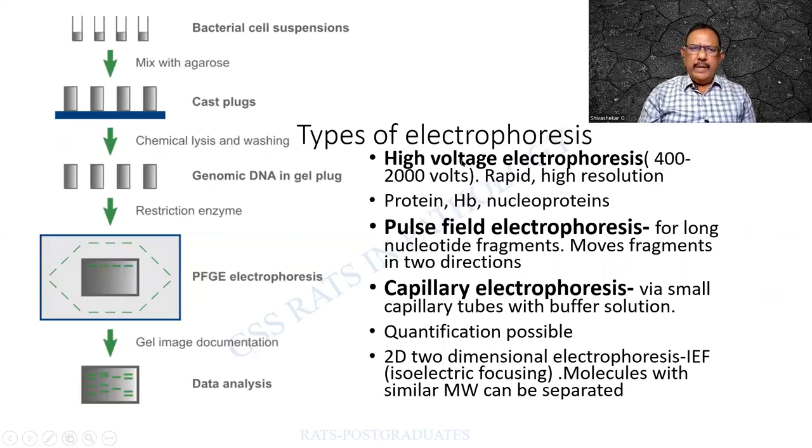Again, coming back to the types of electrophoresis, you have high voltage electrophoresis, pulsed field electrophoresis, capillary electrophoresis. This is supposed to be a pulsed field gel electrophoresis. It is used for bacterial suspensions, and there are some cast plugs, etc. Genomic DNA in a gel plug. My God, I do not know what all these are.